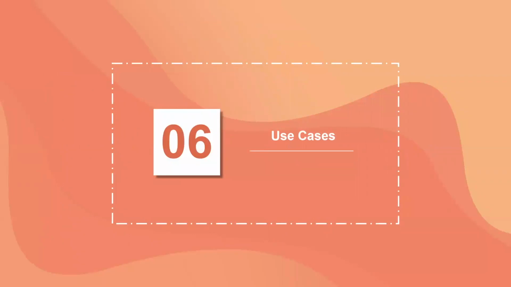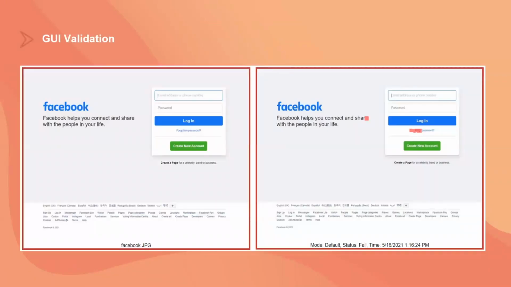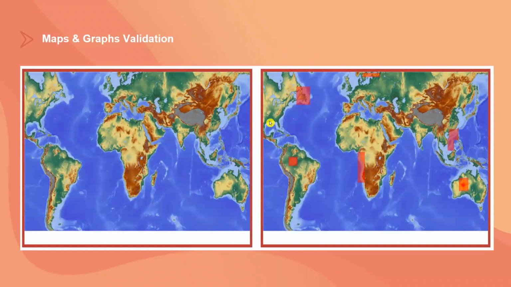So let's come to some of the use cases. Very simple use cases, a GUI validation. On your screen you could clearly see how the differences can easily be detected without any false positives. All the differences on the right are highlighted in red. Maps and graphs validation is again a use case, very specific to some industry domains.